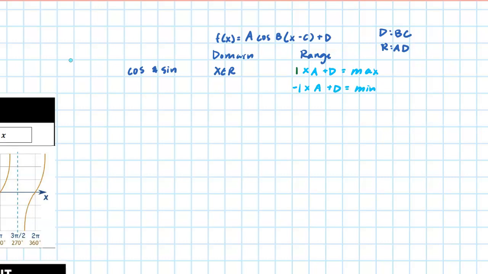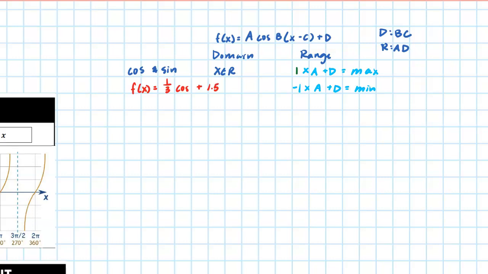So, for example, if I had the function f of x equals, let's make this 1/3 cosine, and B, C does not matter. It's always going to be all real numbers, plus, I don't know, 1.5 or something like that.